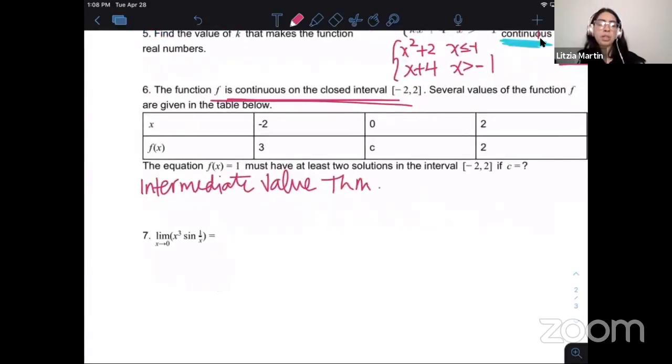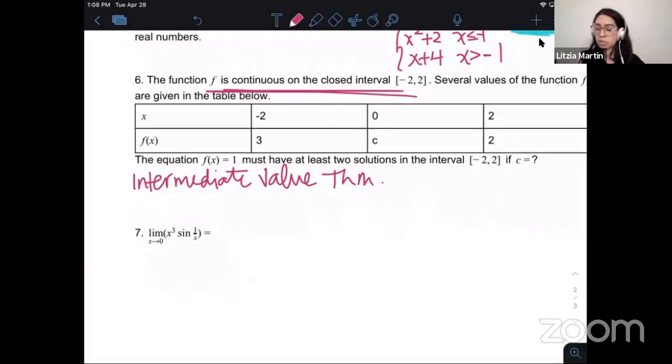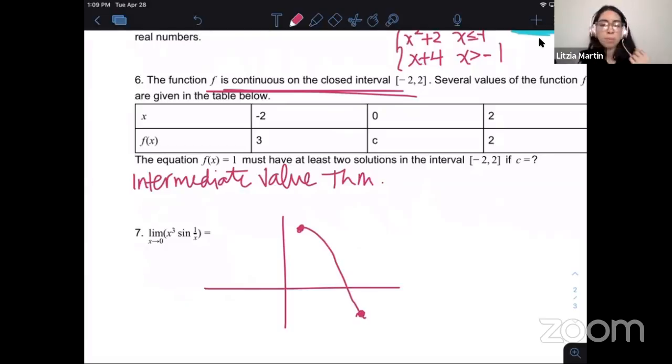The intermediate value theorem pretty much says if you have a point up here and a point down here, then since the function is continuous, there's going to be some point between those 2 points that is a 0.